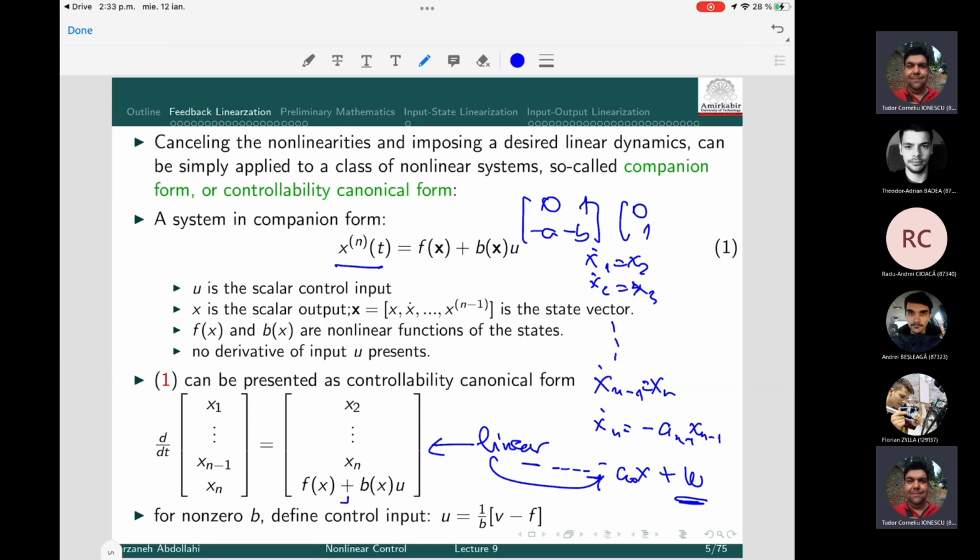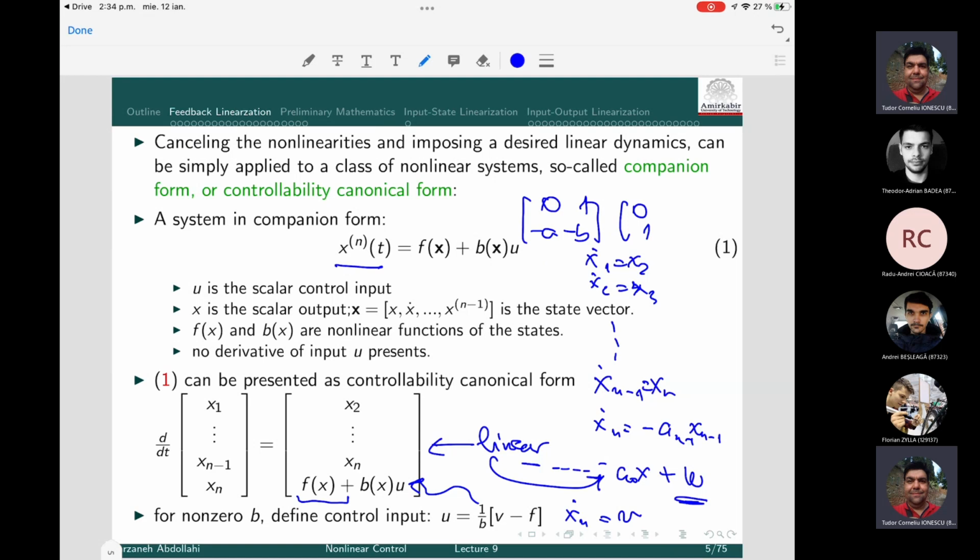For non-zero B, it says here, define the control input U equal to 1 over B times (V minus F), because you want to cancel the nonlinearity. Just do this. Substitute U here, and in the final equation, you get X n dot equals V, if you pick this control.